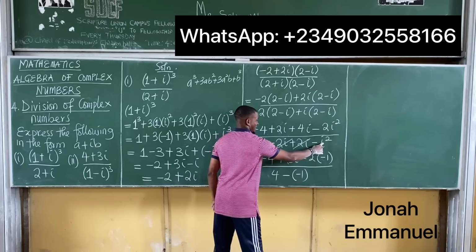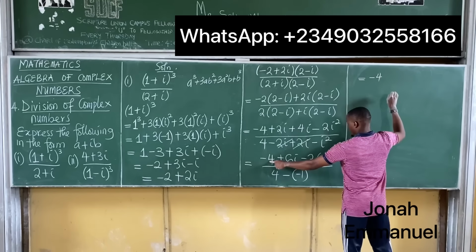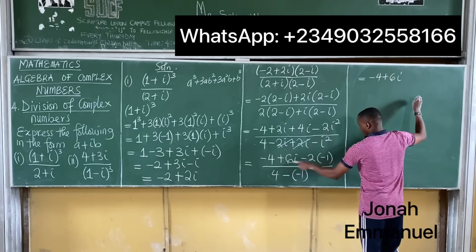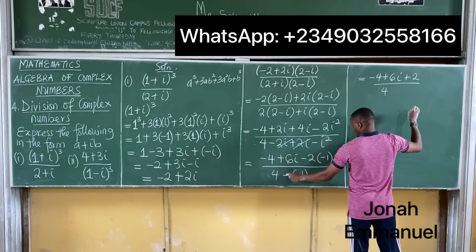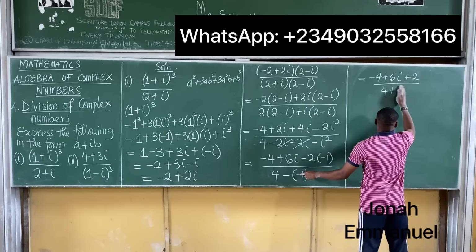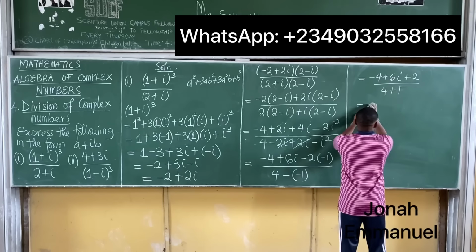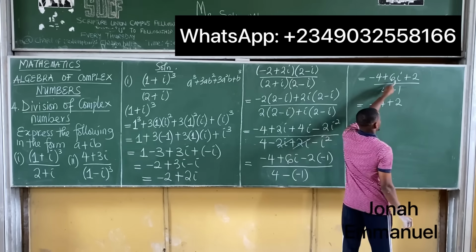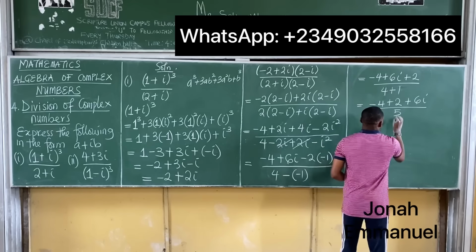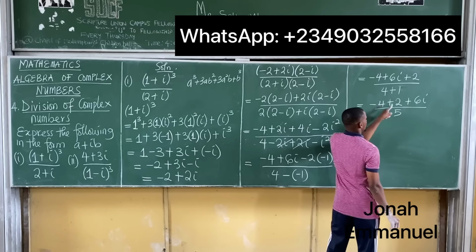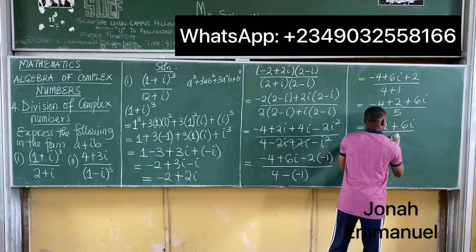So this is equal to minus 4 plus 6i minus minus plus 2, all over, this is 4 minus minus plus 1. I'm having plus 1 there. This is equal to, take the real parts of the numerator, minus 4 plus 2. Take the imaginary part of numerator, plus 6i, all over 4 plus 1 is 5. That's equal to minus 4 plus 2 is minus 2 plus, I have here 6i, all over 5.